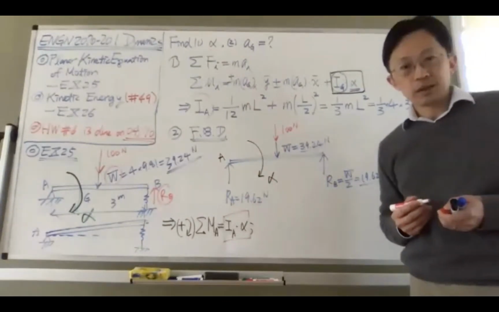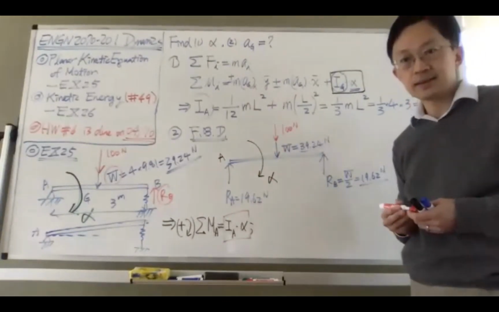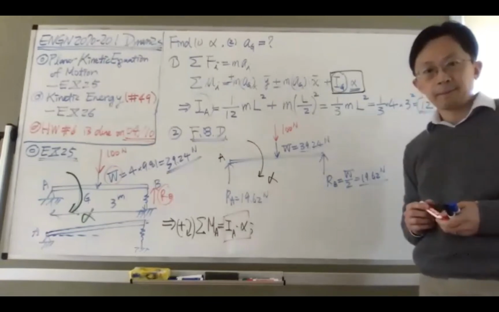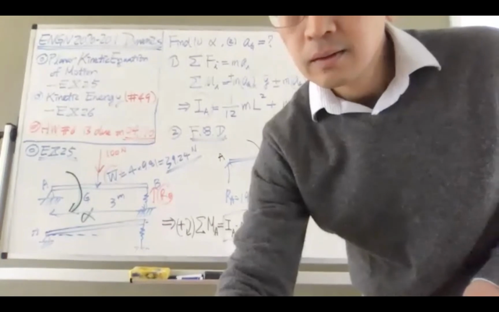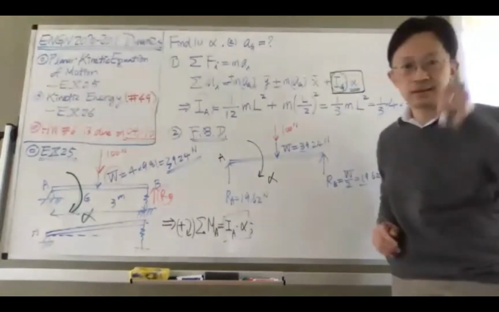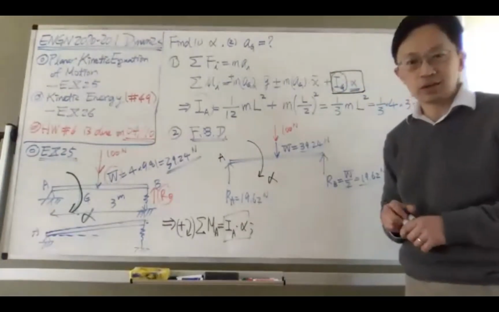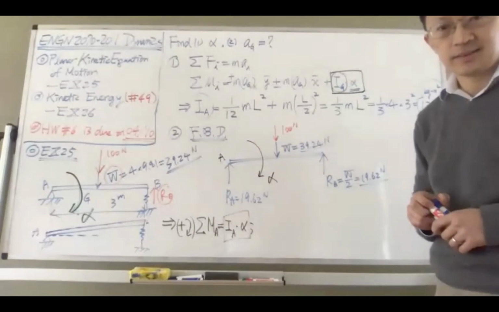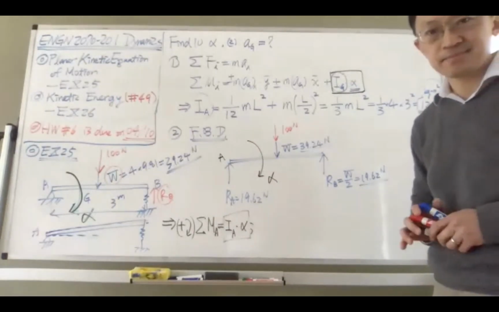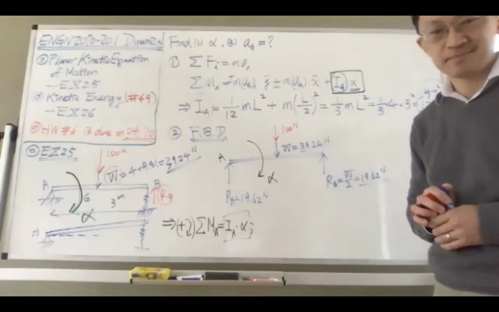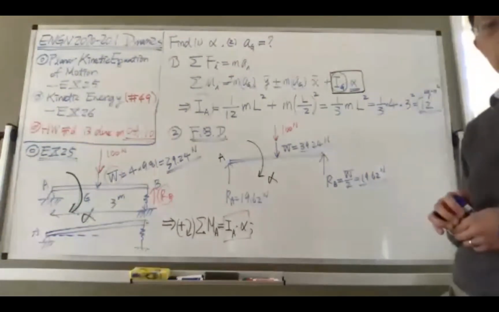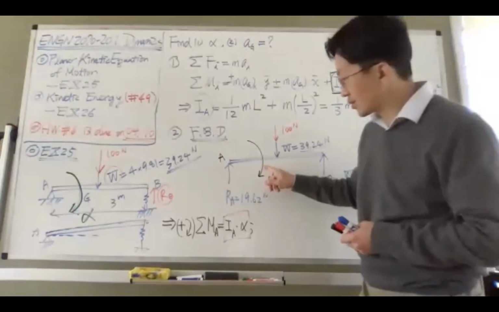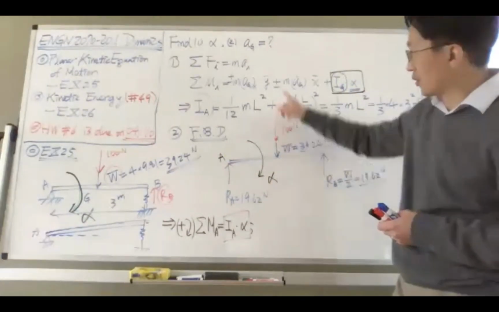Does anybody know why? Is it because X and Y bar are 0? No, X and Y bars are not 0, at least for one of them.